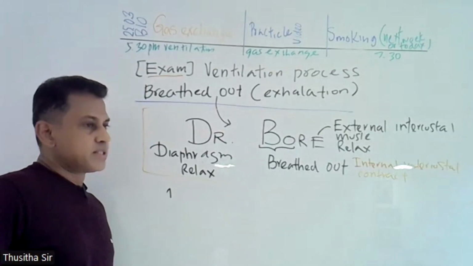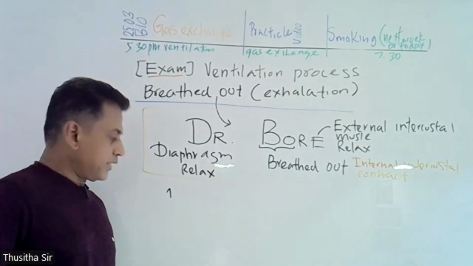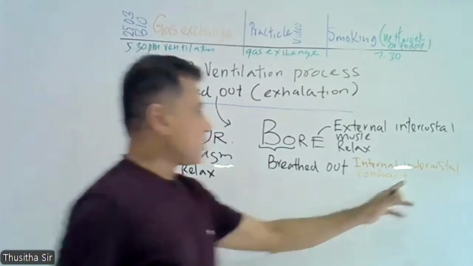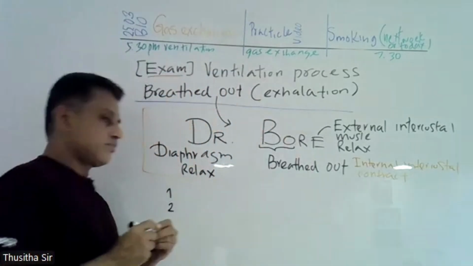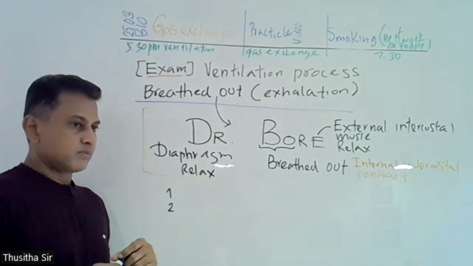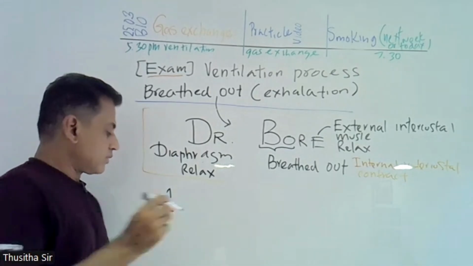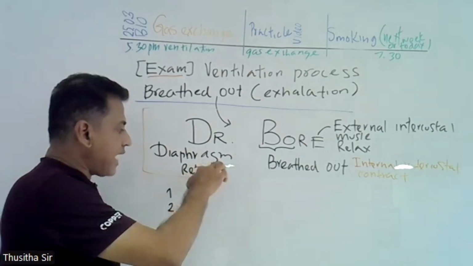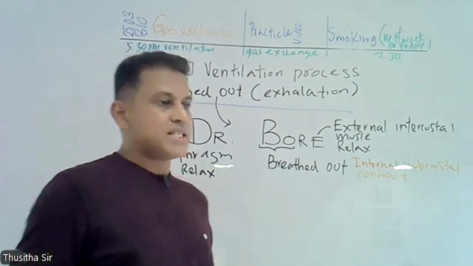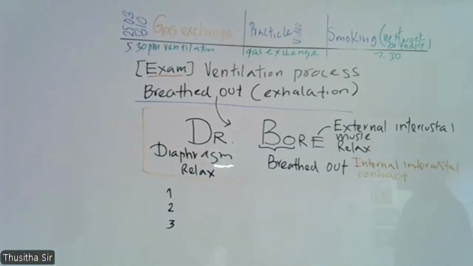The second one, internal intercostal muscle contract. Third one, diaphragm muscles relax. Because the diaphragm also has muscles, these muscles relax.